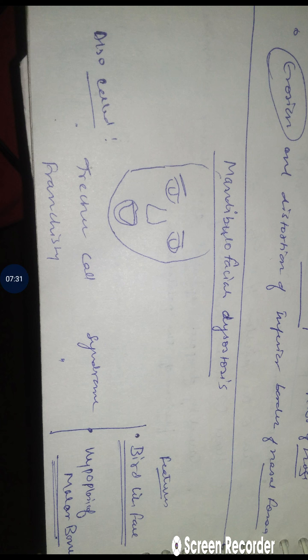That's a bird-like face, and there is hypoplasia of malar bones. These two important things, bird-like face and hypoplasia of malar bones, are the characteristic features of mandibulofacial dysostosis. So in mandibulofacial dysostosis, the face becomes bird-like, and there is hypoplasia of malar bones. It is also called Treacher Collins syndrome.